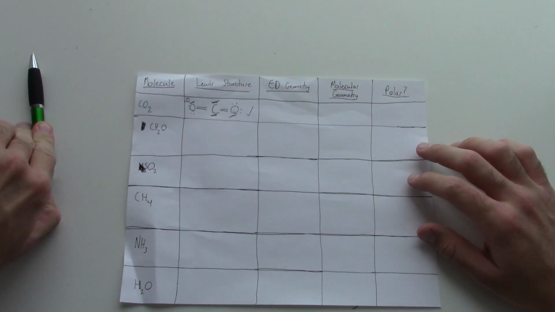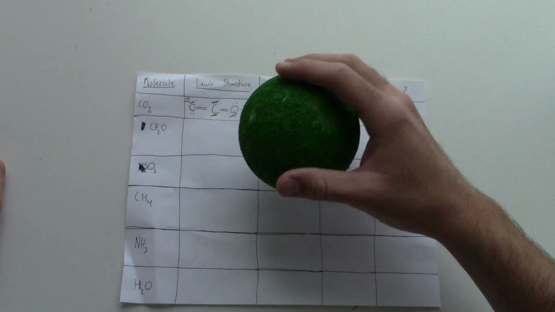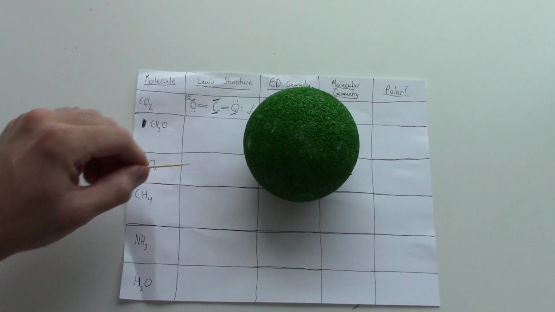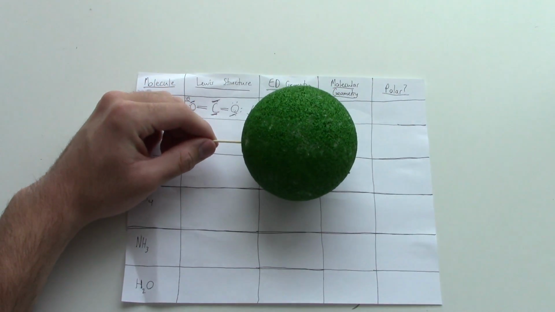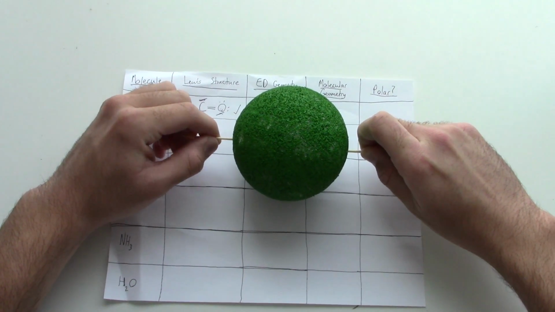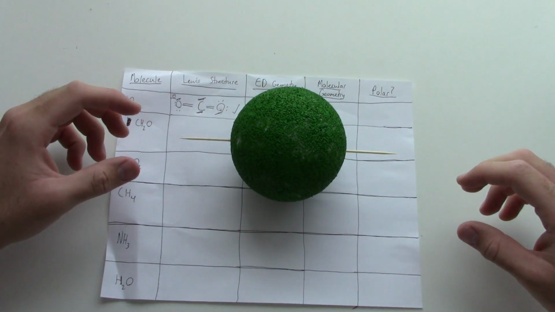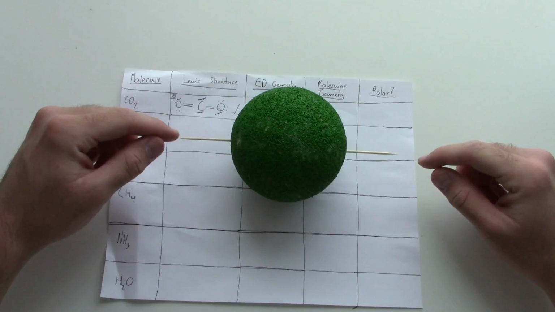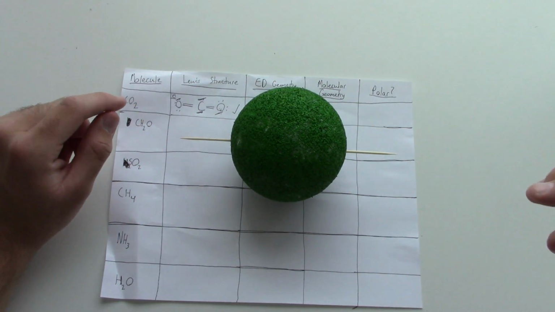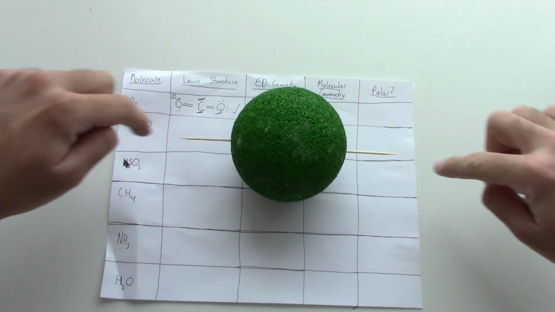If we have our central atom, which I'll represent for all of these molecules with this large green styrofoam ball, and around it I have 2 places where electrons might be found, then in 3 dimensions, regardless of whether this represents a lone pair or actual atoms, it's going to form a linear structure.